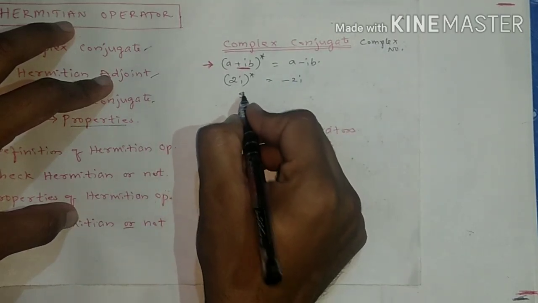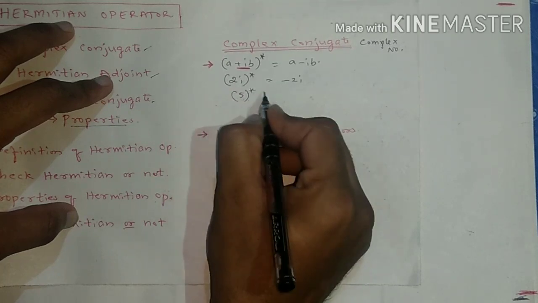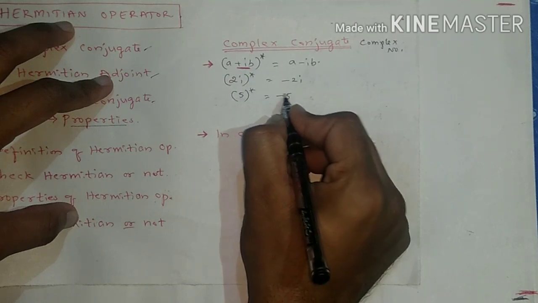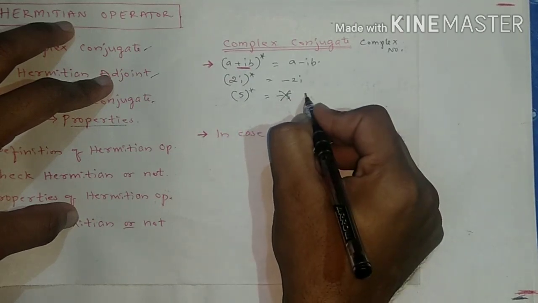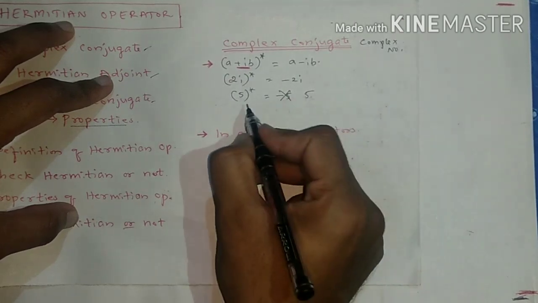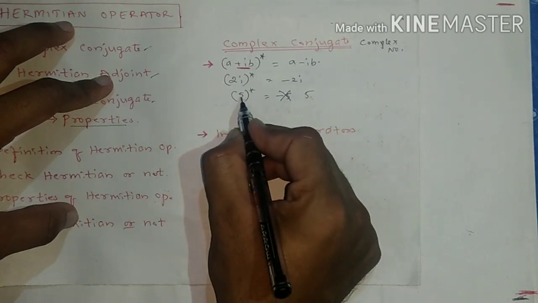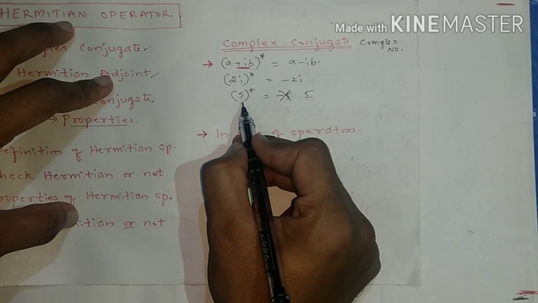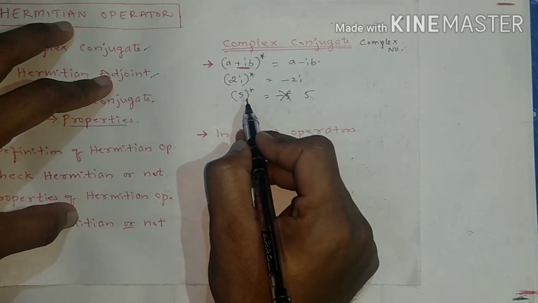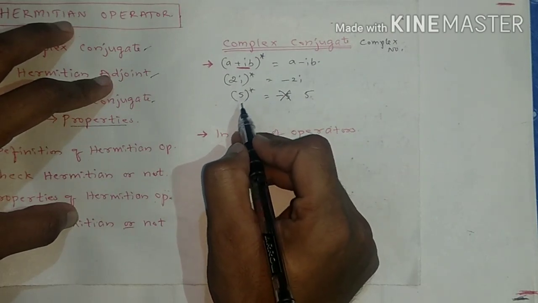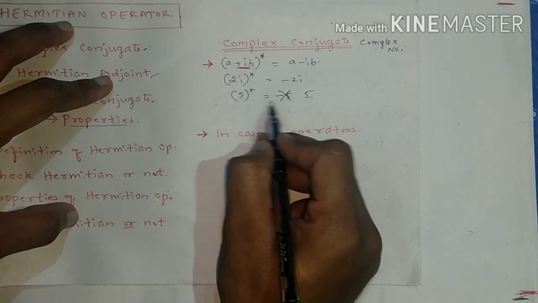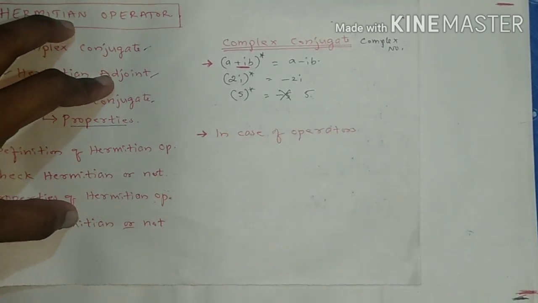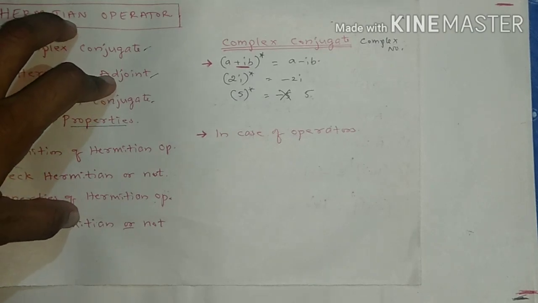If I just have a real number 5, then its complex conjugate will not be minus 5. That's wrong. It will be 5 because there is no need to change the sign, as there is no imaginary part. So to find the complex conjugate, we need to change the sign of the imaginary part. If there is no imaginary part at all, then we keep it as it is. So this is in the case of complex numbers.